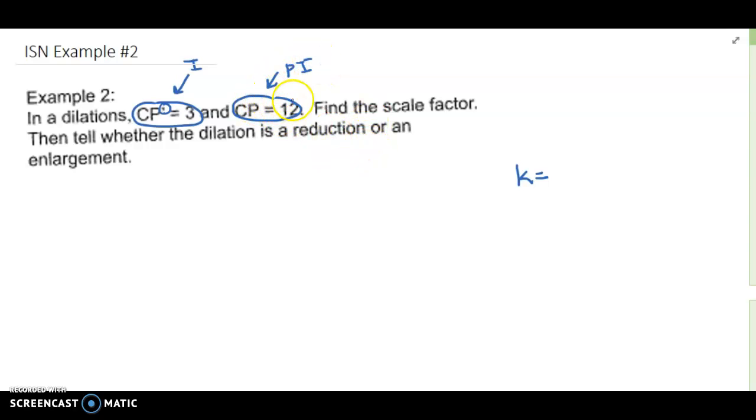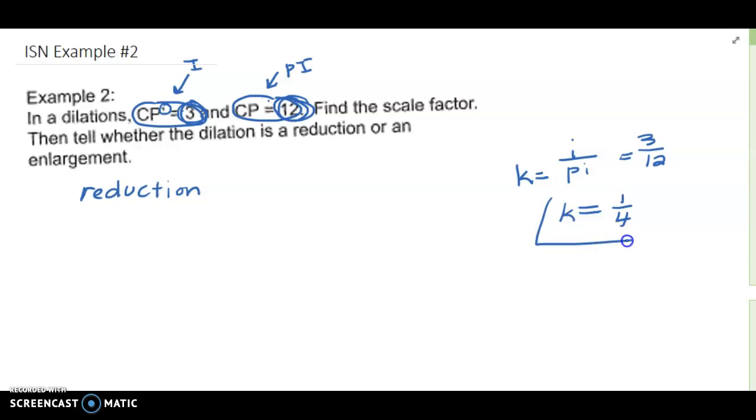Now if this is our pre-image, this is what we start with, and this is what we get to, we can easily see 12 to 3 that we're getting smaller, so this would be a reduction. And remember my scale factor is image over pre-image, which is 3 over 12, which reduces to 1/4.